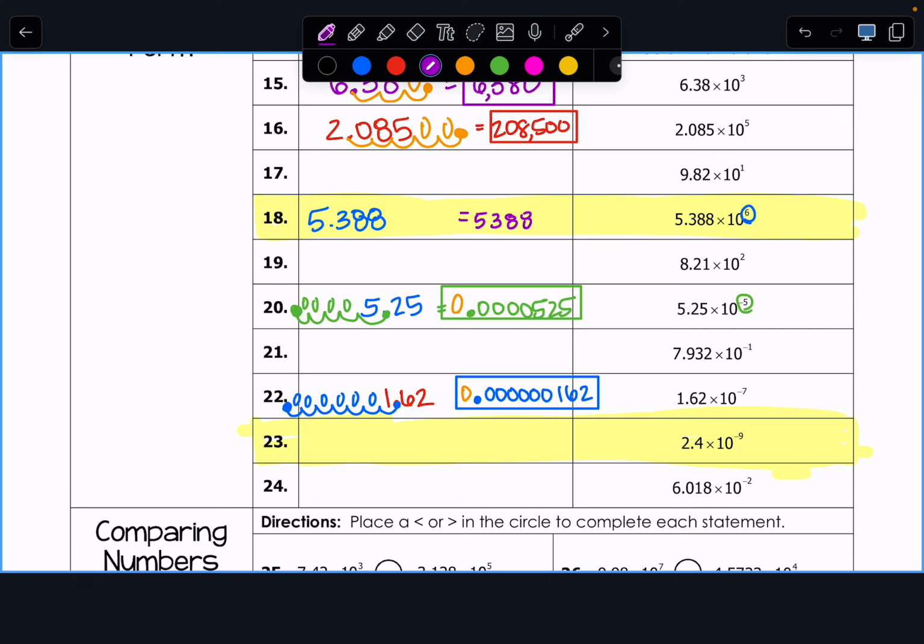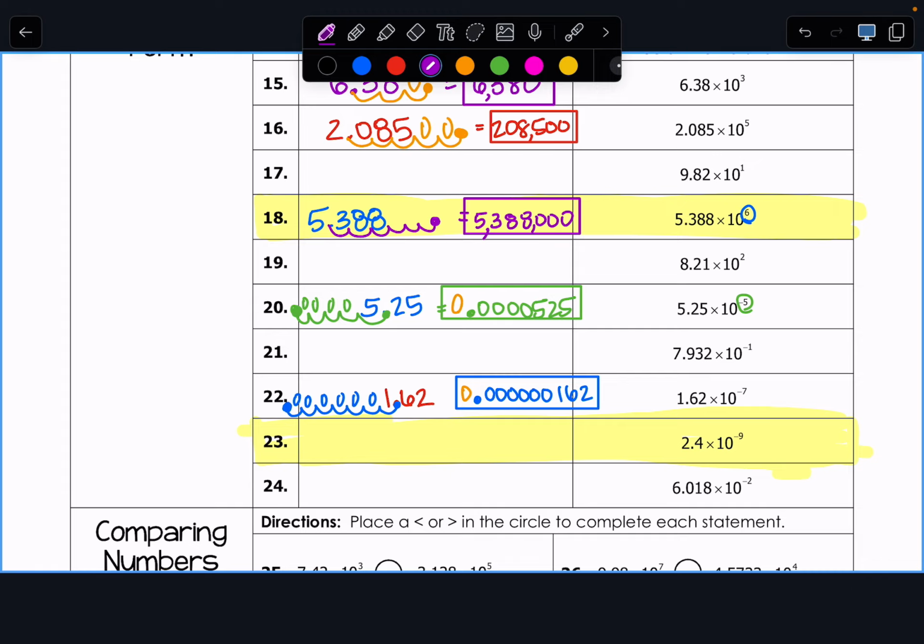There's an 8. Are there 2 zeros or 3 zeros after the 8? 3. Very good. So we have 5,388,000. Do you agree?